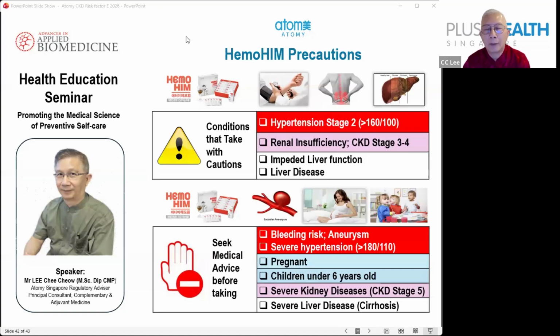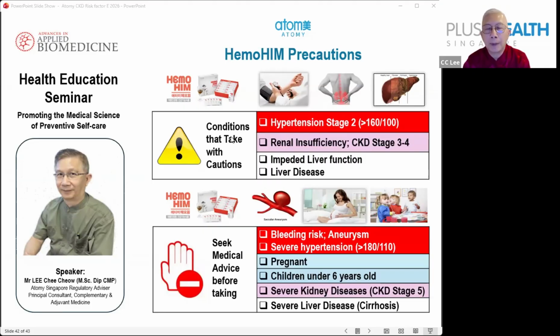If you are recommending hemohin to a healthy person in normal condition, there's no problem with that. But there is a group of people suffering from conditions like stage 2 hypertension, or CKD stage 3 or 4, or impaired liver function or liver diseases.